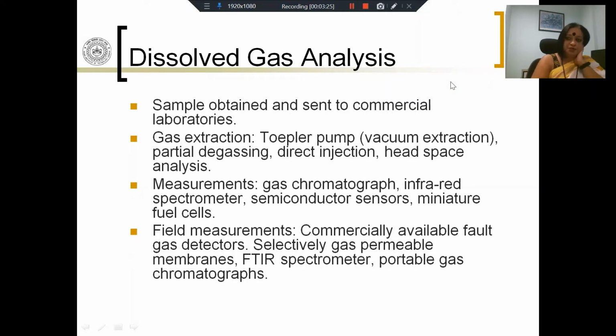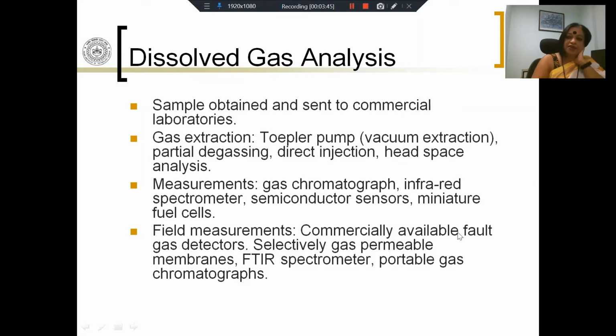The sample is obtained, as I said, from the gas phase, or it might be obtained from the oil volume. There are various gas extraction techniques that can be used. For example, you use a tubular pump for vacuum extraction, or partial degassing, direct injection, headspace analysis.